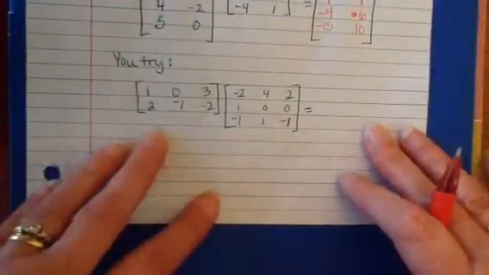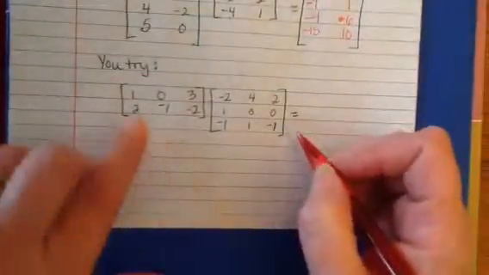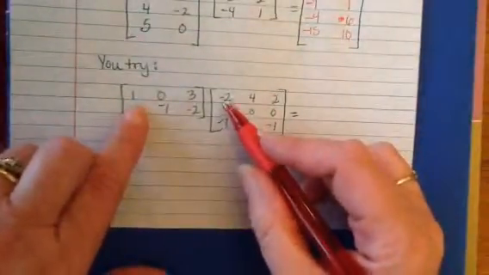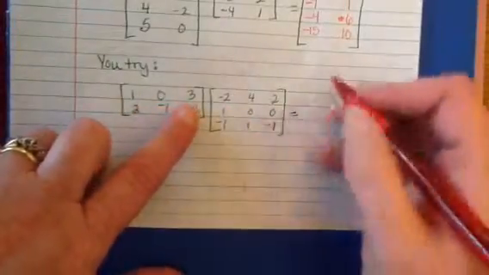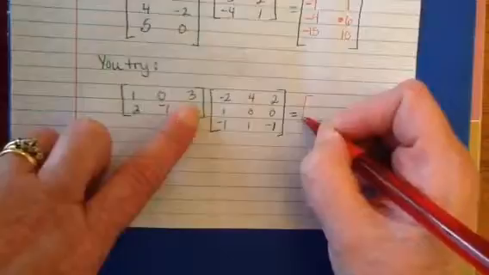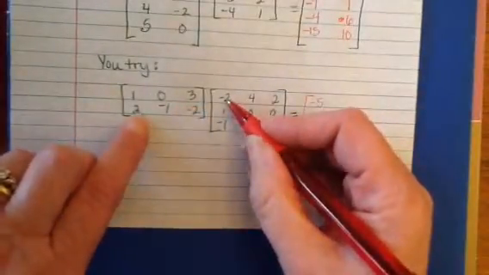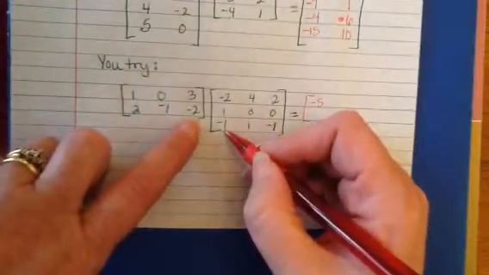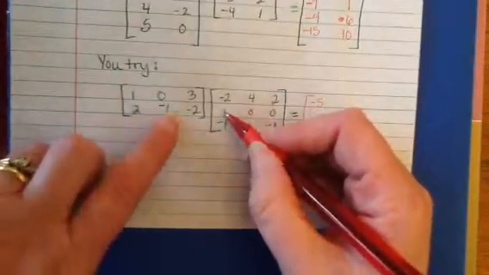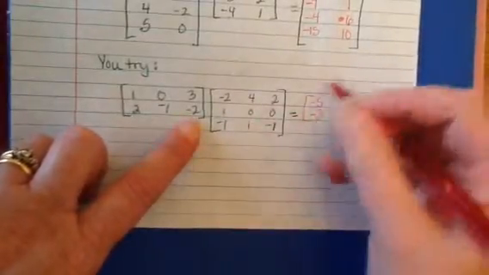Either pause or just follow along and I'll keep working. -2, 0, -3 gives me -5. -4, -1, +2. -4 and -1 is -5, and +2 is -3.